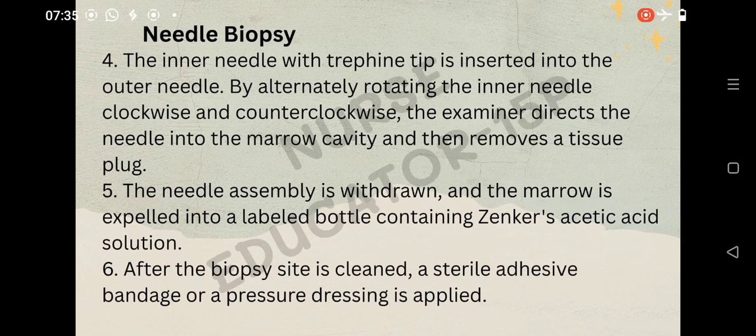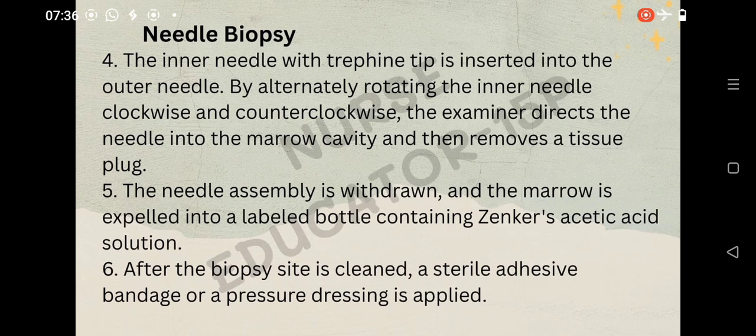The examiner directs the needle into the marrow cavity and then removes a tissue plug. During this motion the bone marrow tissue accumulates in that needle.